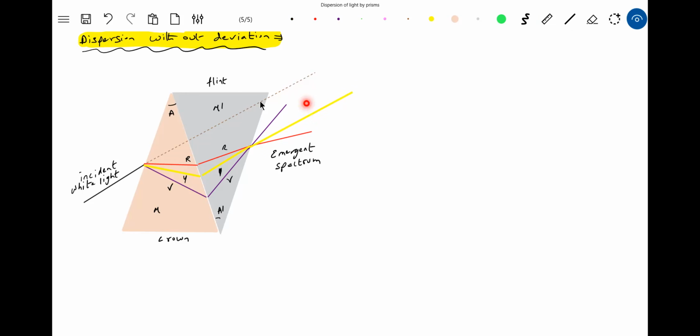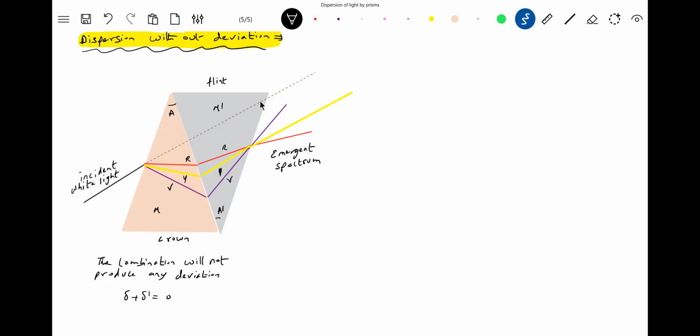Then there's no deviation. So what is the basic idea now? The combination will not produce any deviation. It should be 0.